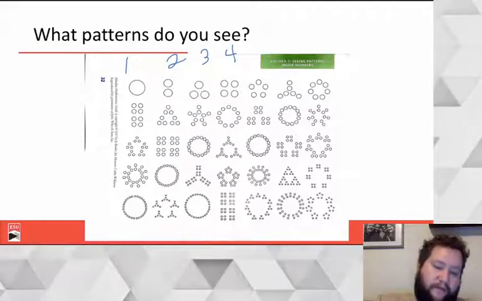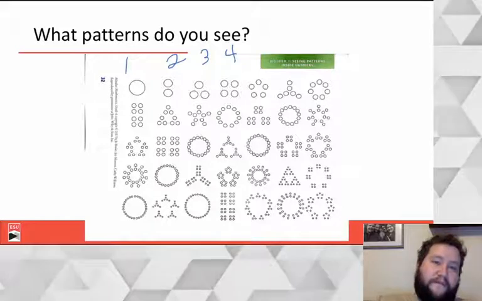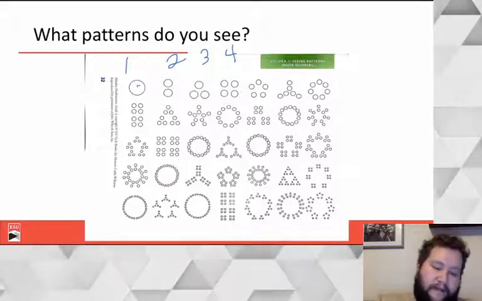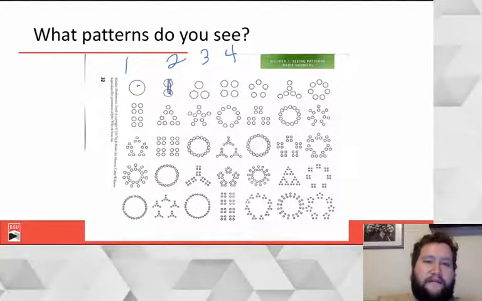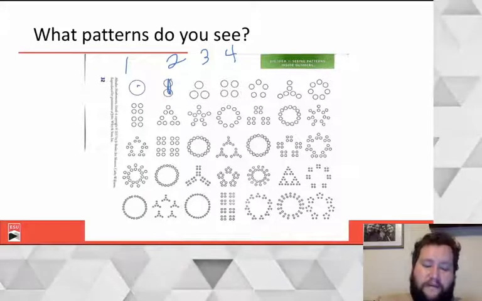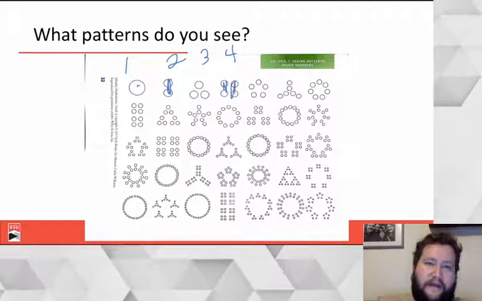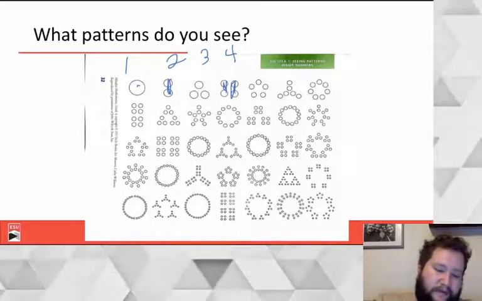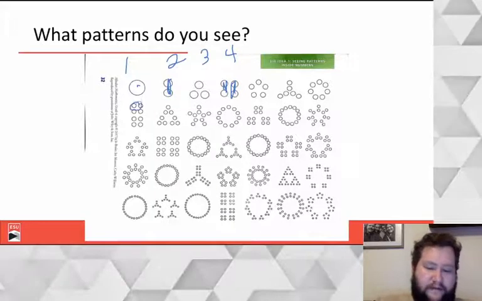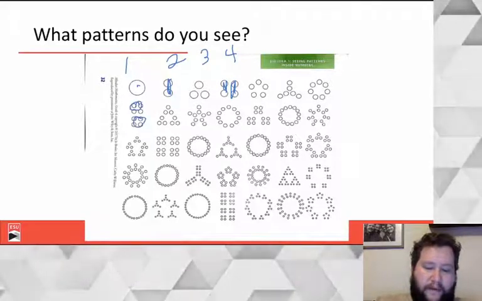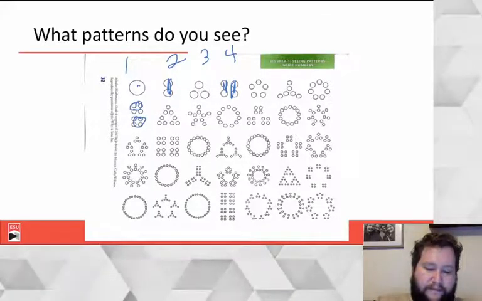So we have 1 as a dot by itself, but then 2 is this stack of 2 dots. And then 4 is 2 of these stacks of 2 dots. And then if we look at 8, we have 2 of these stacks of 2 dots. 12 is 3 of them.